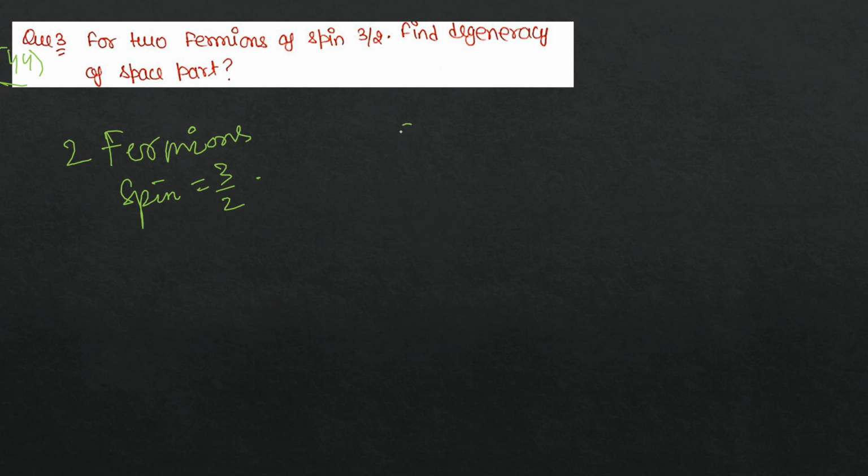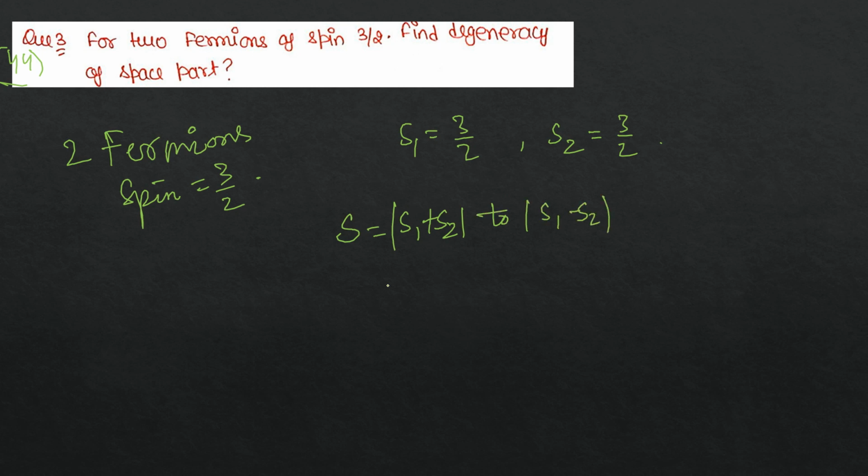Both have spin 3/2, 3/2. So S is what? S1 plus S2 down to S1 minus S2. So 3, 2, 1, 0.